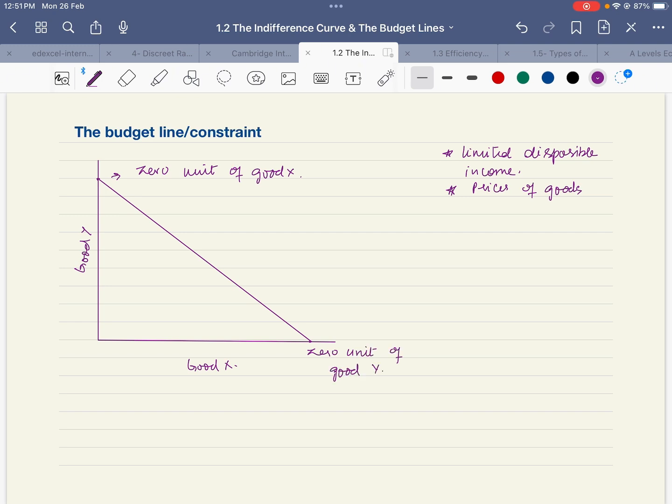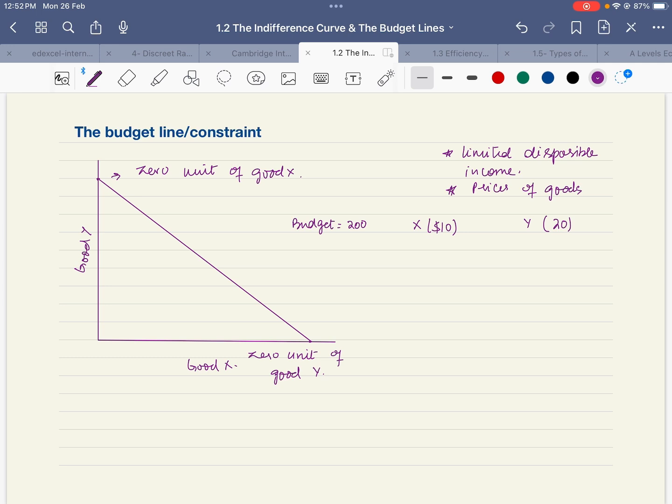There can be several bundles that will lie on this very same line, but the prices will be such that they are in a budget. For example, let's say good X and good Y. Good X price is $10 each and good Y price is $20 each. Let's say the budget is $200, right?